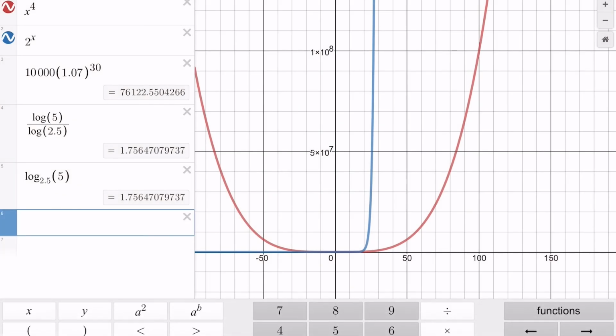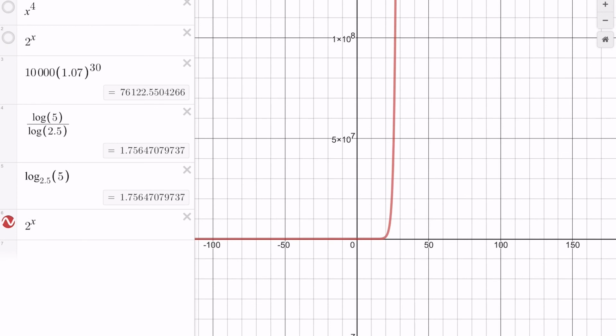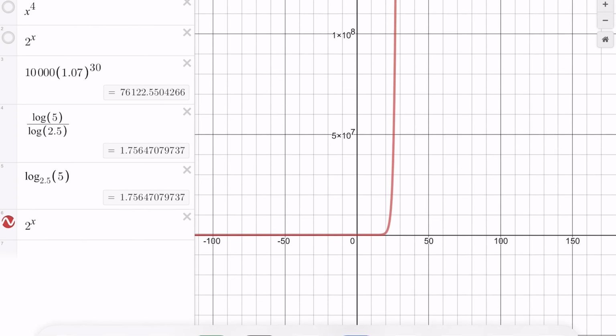Let's do 2 to the x. And you notice that when x is positive, it's going to be growing.